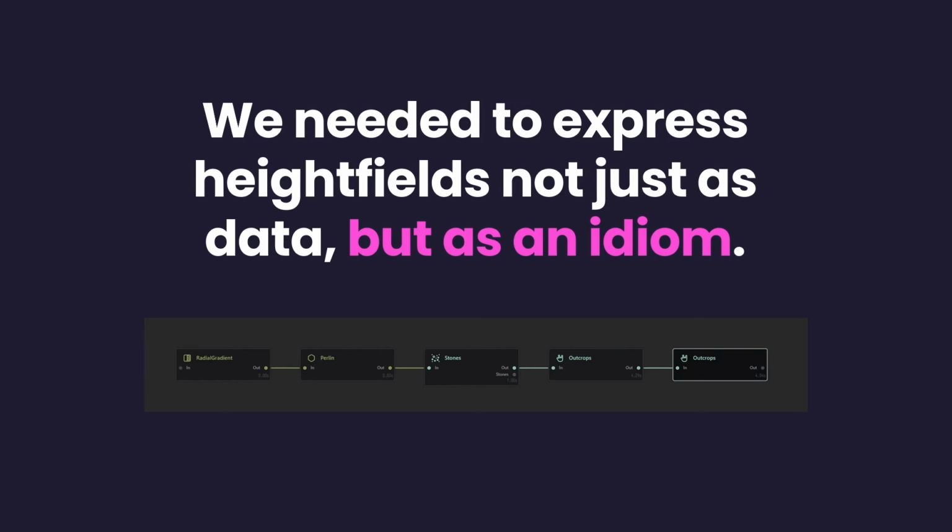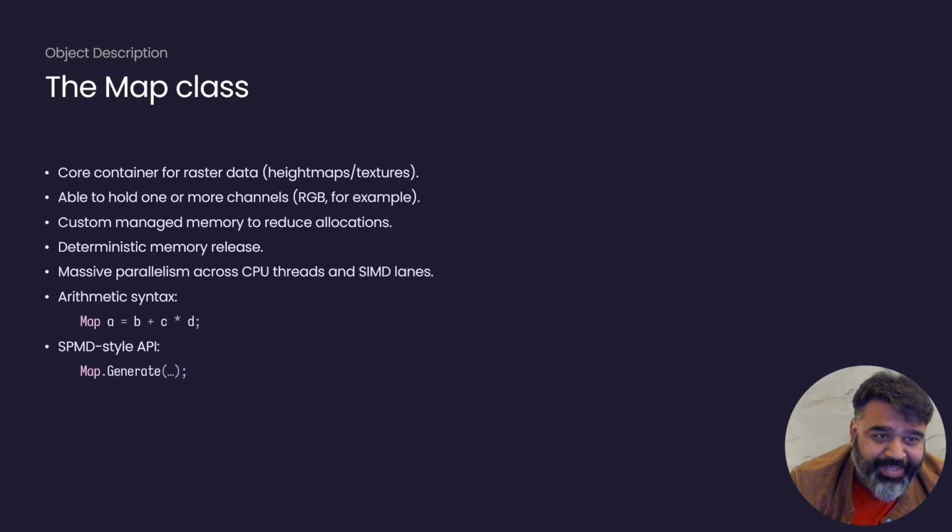And so our solution was that since this is what we're going to create everything on, we needed a hero object, and that became the Map class. At its core, the Map class is a container for raster data. It can be a height map, it can be a color texture, it can hold more than one channel, so we can have RGB textures. We also wanted custom memory management so we could reduce allocations, because as I mentioned, these data sets can grow quite large.